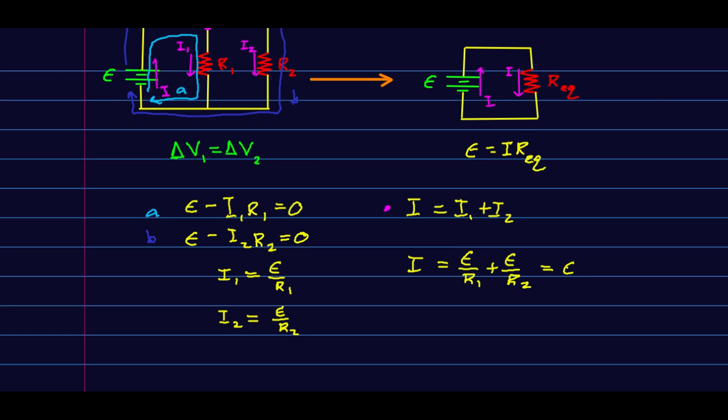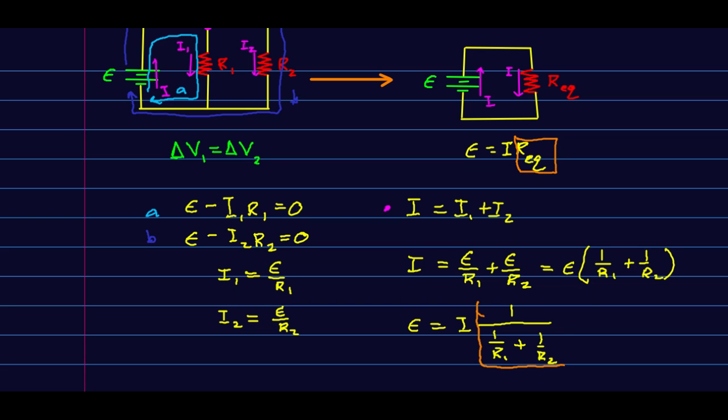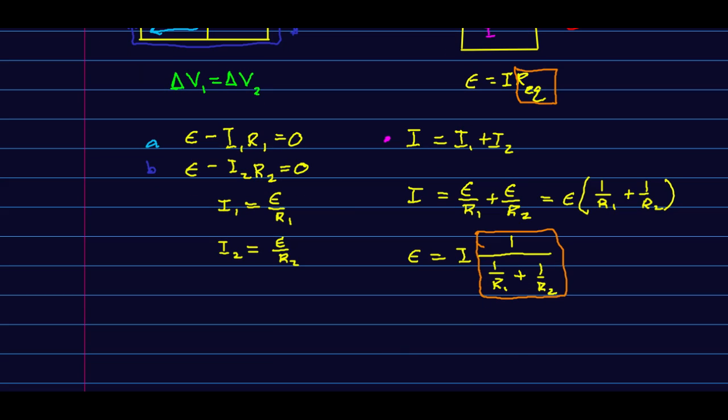and I can rewrite. And finally, I can solve for epsilon to get something that looks like my target. It's going to be like this. It's a bit of a mess. And so that shows us that our equivalent resistance is this messy thing here, which you can write a little more cleanly this way.